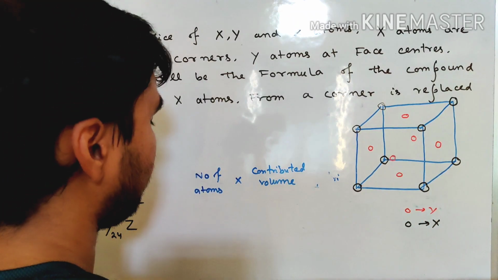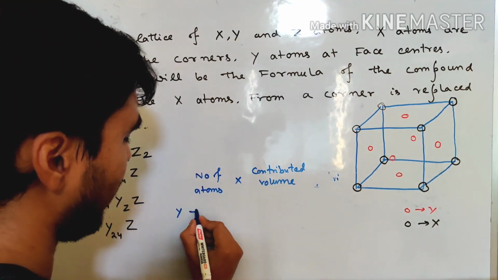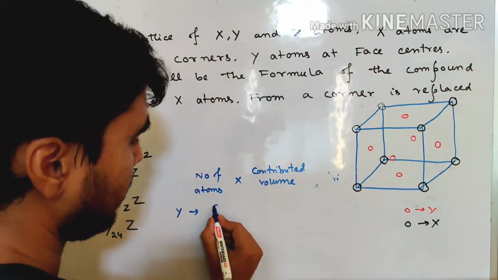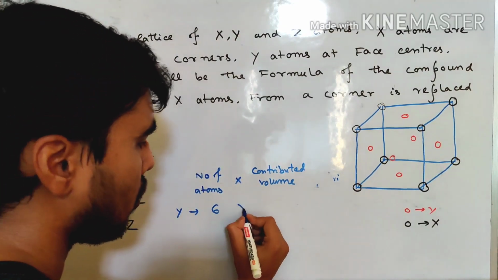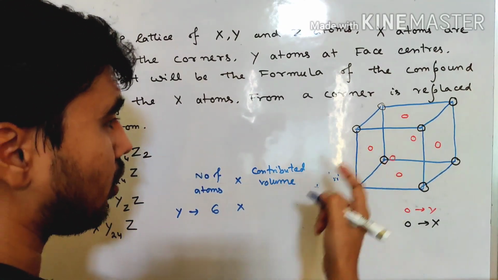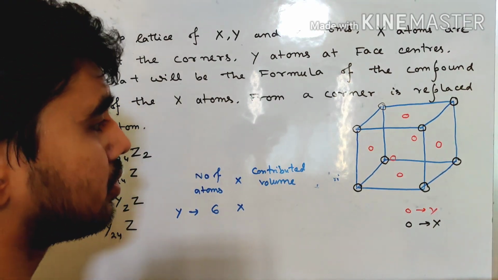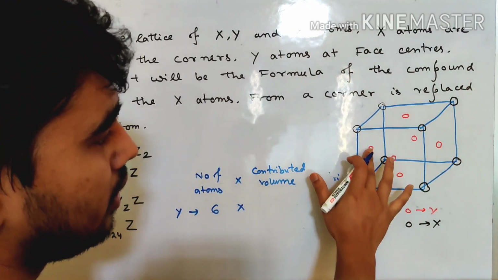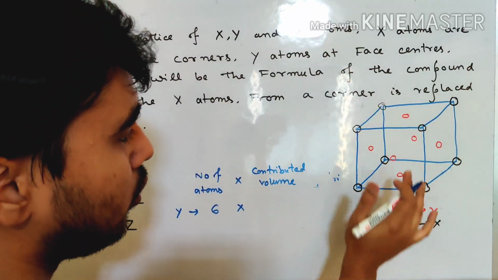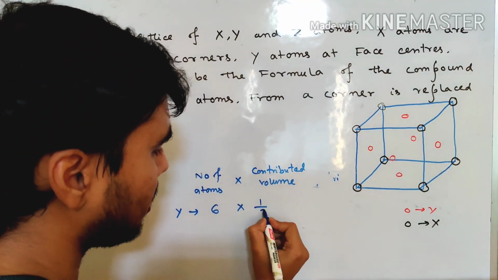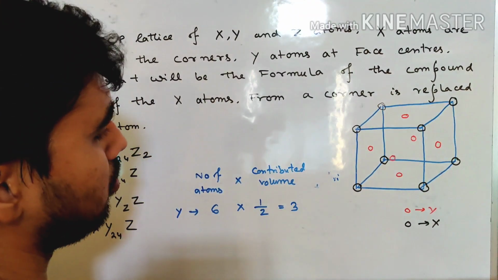For Y, which is present at the face center, the number of atoms will be 6. Each of them will contribute how much? This will be shared by 2 unit cells, so the contribution is half, so 3 atoms will be present.